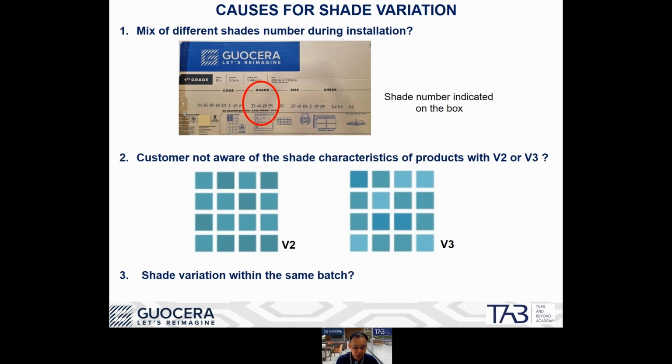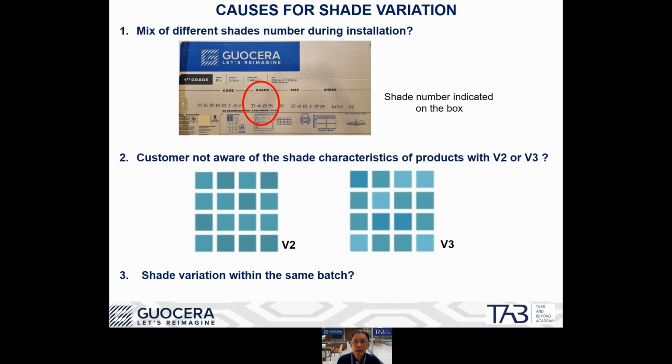At certain job sites, it may not be the tiling contractors themselves, but workers, when they collect the tiles from the pallet, sometimes mix the different shades, and then these tiles happen to be installed in the same area, causing this shade variation problem. Quite a common problem as well, mixing of different shades during installation of tiles in the same area.